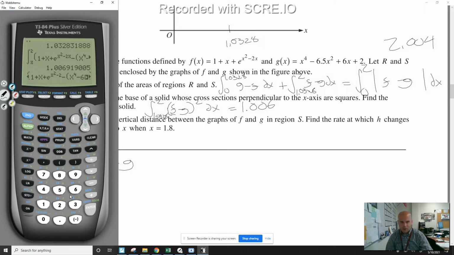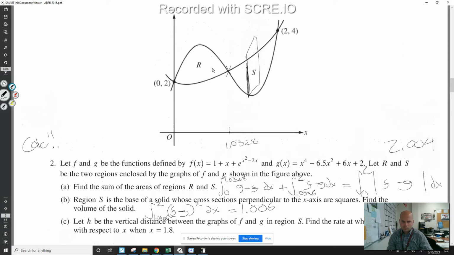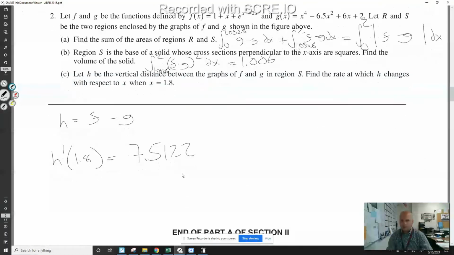It does matter the order in this situation because we're looking at derivatives. If we flip flop the order, the derivative should be different. I feel like it's going to be the opposite. At x equals 1.8, 7.5122. The distance is increasing. That makes sense. At 1.2, we're here. The distance is increasing between the two.